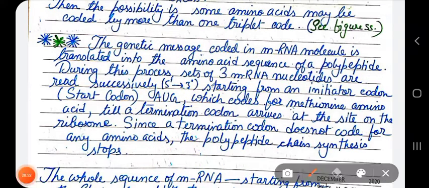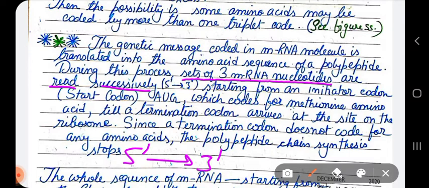So it is saying that during your translation process, there are sets of 3 mRNA nucleotides that will be read by the ribosomes successively from 5 prime to 3 prime direction. Starting from your start codon, the ribosome starts to read the codon sequence and recruits the particular tRNA that carries specific amino acids for that particular codon.